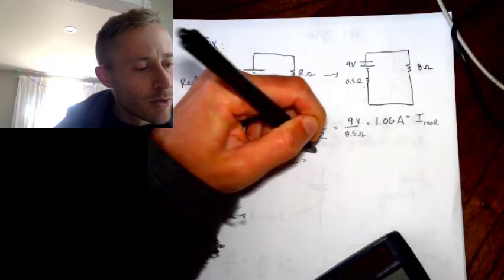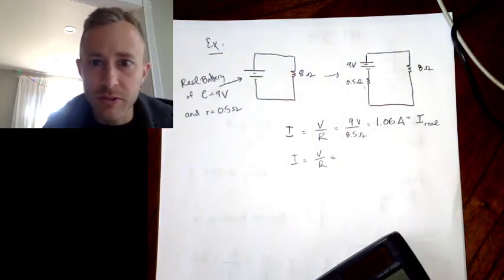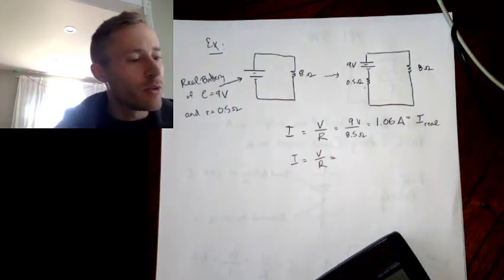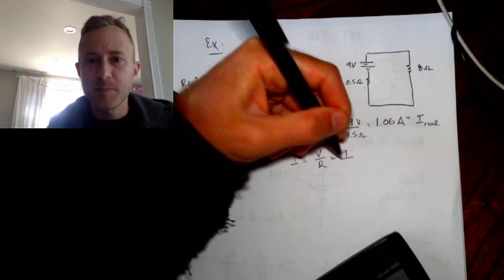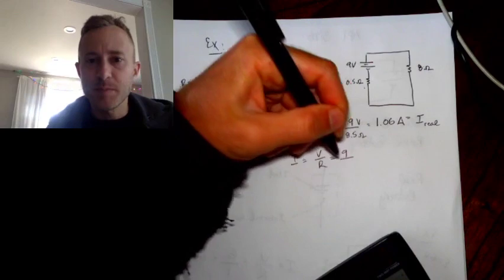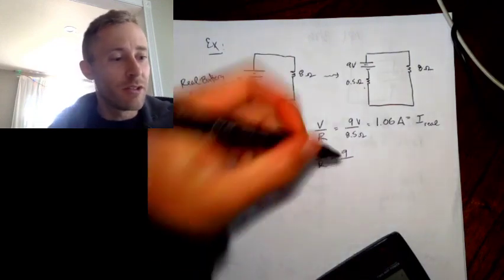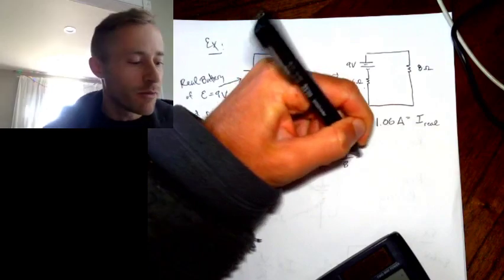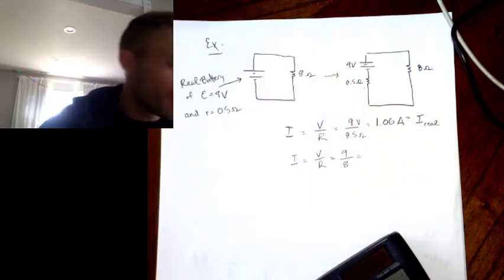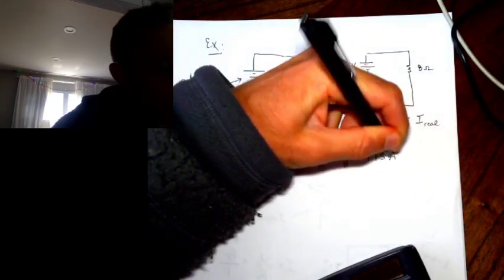Compare that to an ideal battery, where we're basically ignoring the internal resistance. In that case, we would have 9 over the resistance. If we're neglecting the internal resistance, then you only have the external resistance, which is 8 ohms. So we have 9 over 8, which is 1.13 amps.